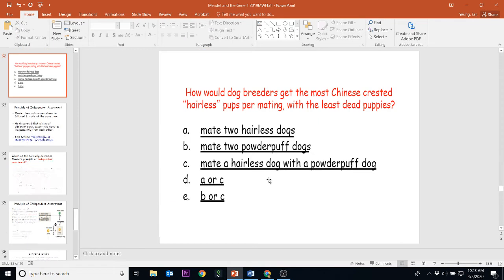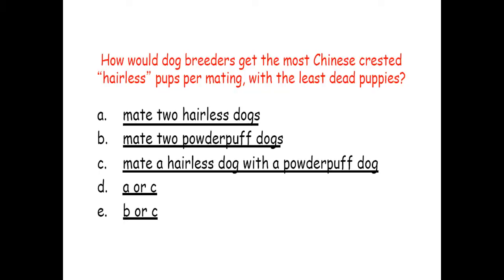So let's try this question. Now remember, Chinese crested dog is the one on the right without hair.